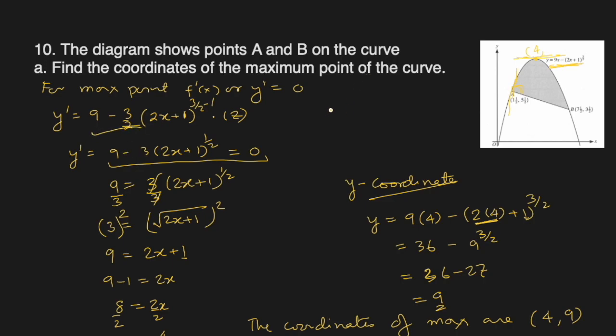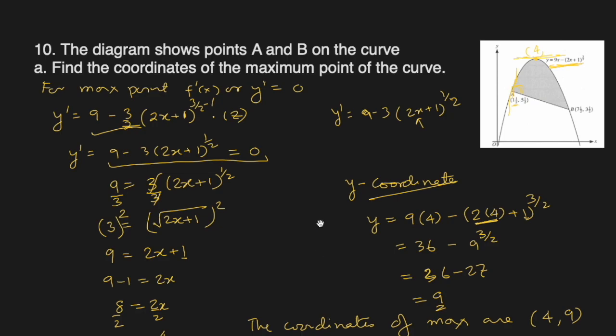Let me rewrite this one. y prime was 9 minus 3 (2x plus 1) to the power half. This was the general rule for the tangent, and we know that the x coordinate at A is 1.5. We substitute 1.5 here and we'll get our gradient of the tangent. Then we'll show that what we got earlier was a normal.